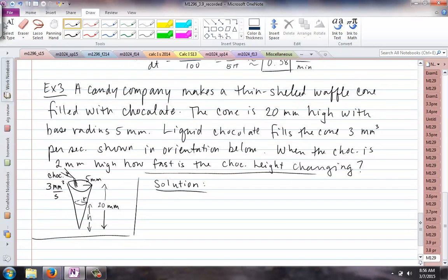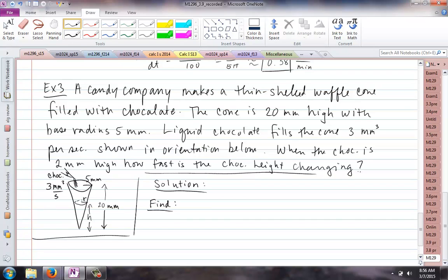Okay, so what are we trying to find? We're just going to look at what was being asked. When the chocolate is 2 millimeters high, how fast is the chocolate height changing? Be careful here. Every single one of these problems is asking for a rate, which is a derivative that we're going to write in Leibniz notation.